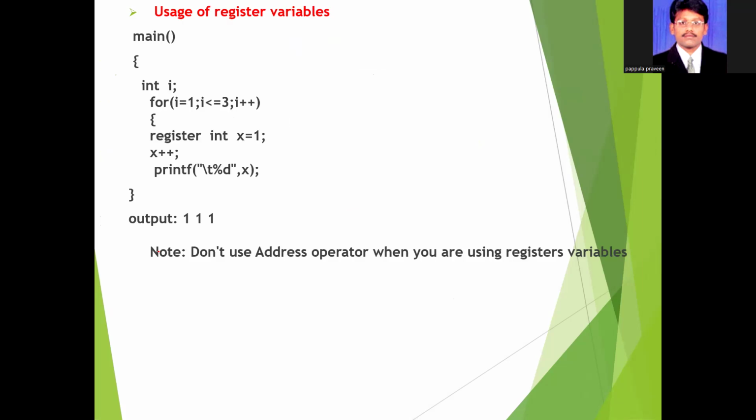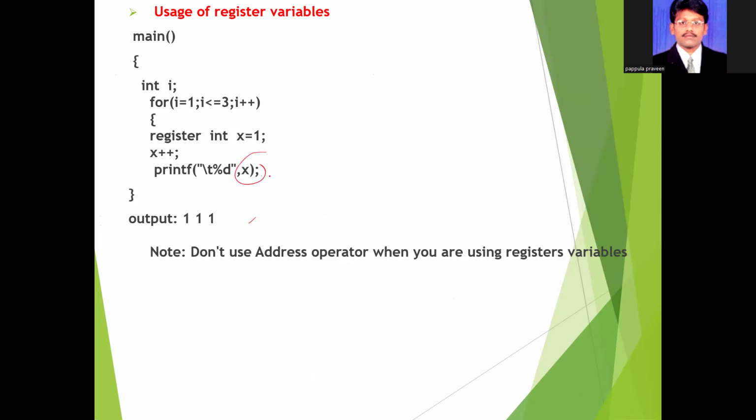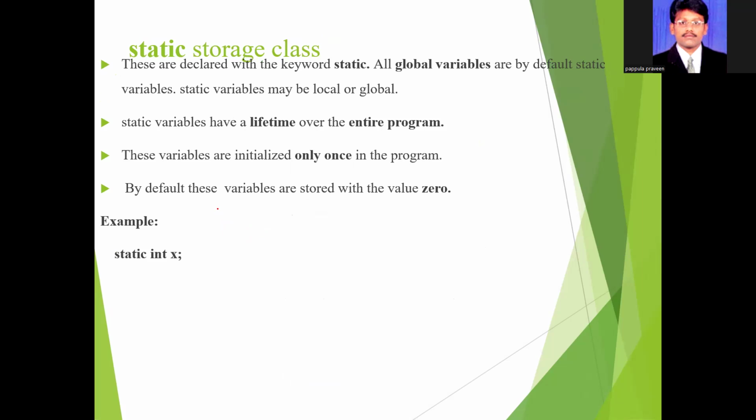So now the program: register int x equal to 1, and print the x value. The one difference is that register variables are stored in the CPU; everything else is similar to auto. That is register.